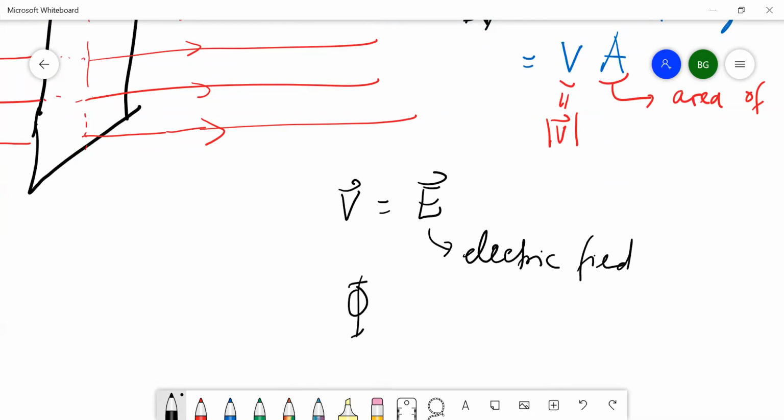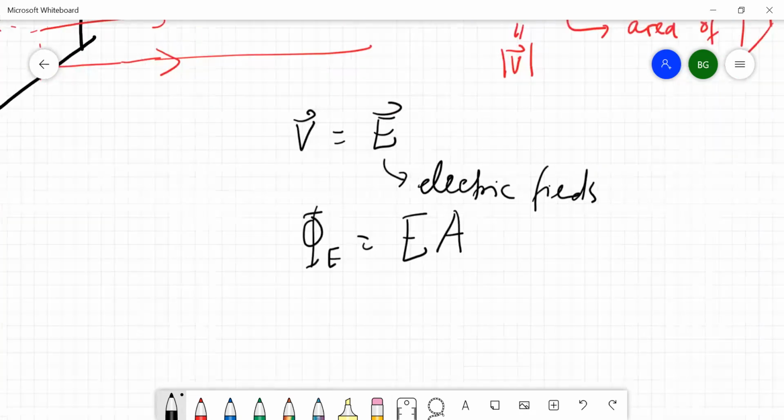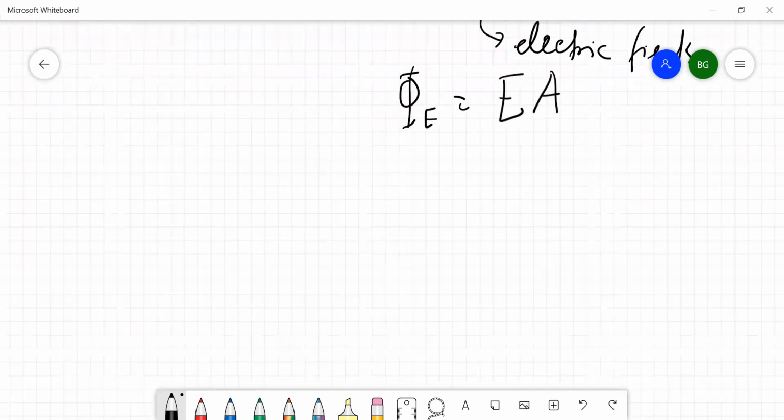It means that the flux of E, the electric field, is the magnitude E times A. That's the flux of the electric field.